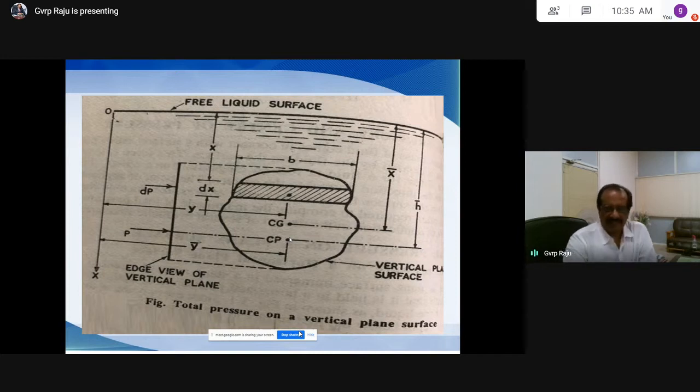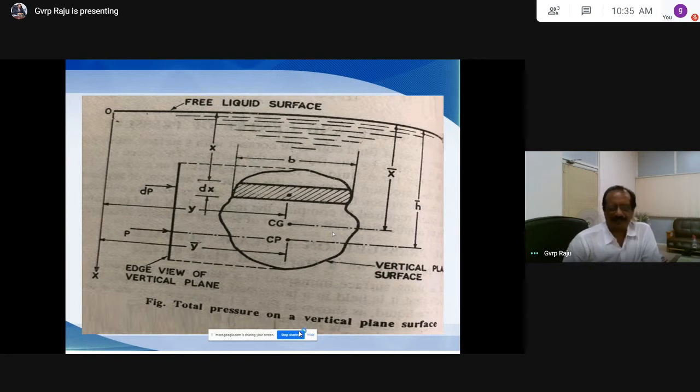The distance between center of gravity and center of pressure, which in other words is h, equals ICG by A x bar, where ICG is the moment of inertia about CG.